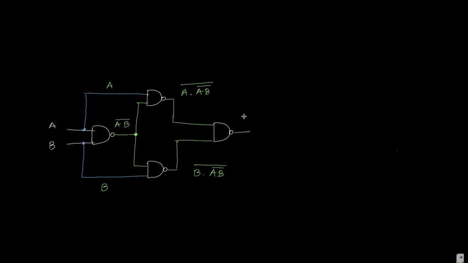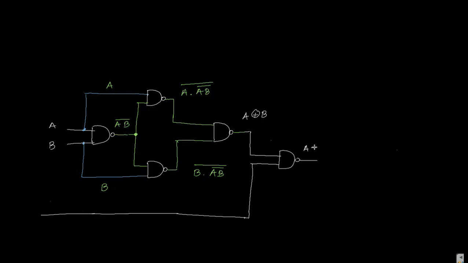So this is A XOR B. Now we can make this another NAND gate, where we take one CI. It becomes A XOR B into CI bar.